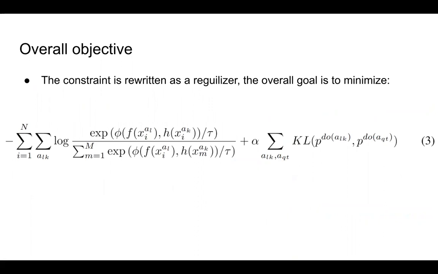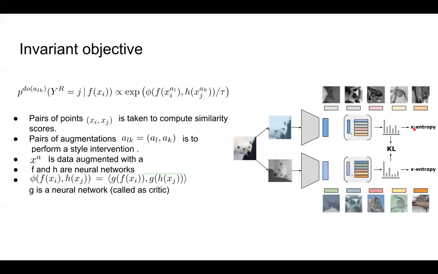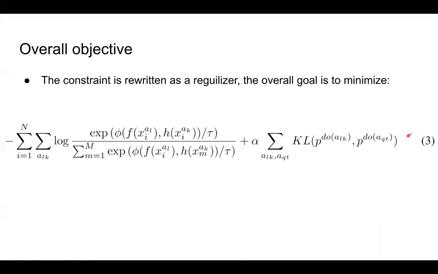Because LK and QT could be different, right? LK and QT can be different, but in this figure they seem to be the same, with a different image and a different style. Yes, I feel this image is kind of confusing, because if we just see the formula, just like you said, LK and QT can either be the same or different, but they basically mean all the pairs of augmentation methods in the predefined set.